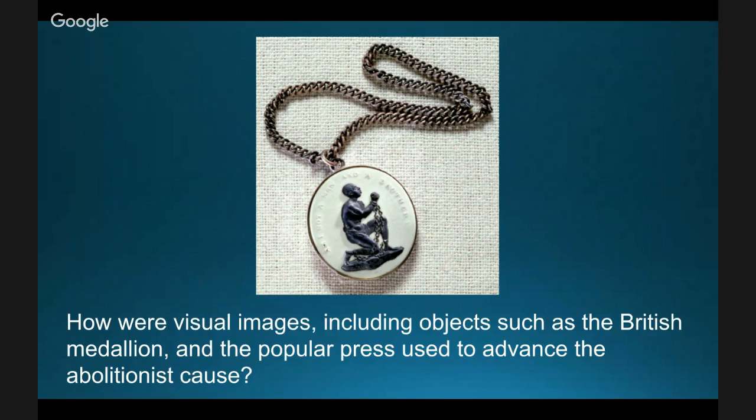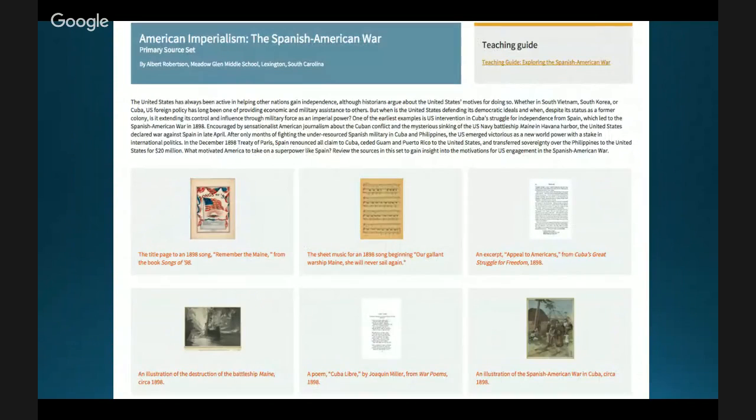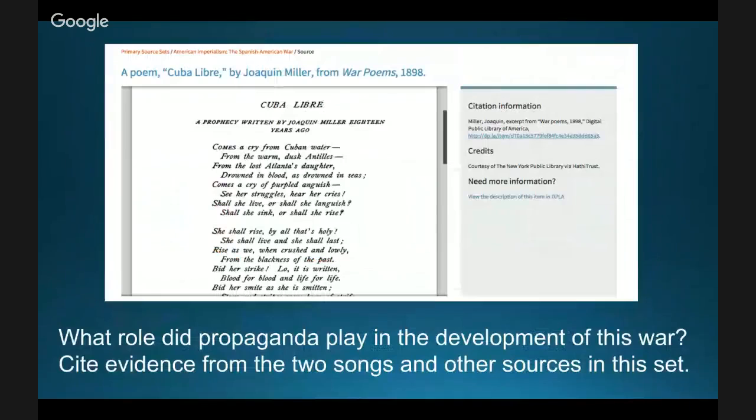Here's a set written by a 6th grade history teacher from Lexington, South Carolina, named Albert Robertson. He did this set about the Spanish-American War, a very short, interesting conflict. And he focused a lot of his sources rightly on many poems and songs that within the US mustered up a lot of sympathy for Cuba that helped us decide that we should go to war with Spain.